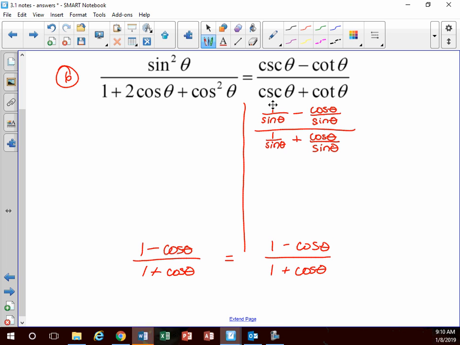Do you notice how I have common denominators already for my fractions in the numerator and fractions in the denominator? So this is really 1 minus cosine all over sine over 1 plus cosine all over sine.